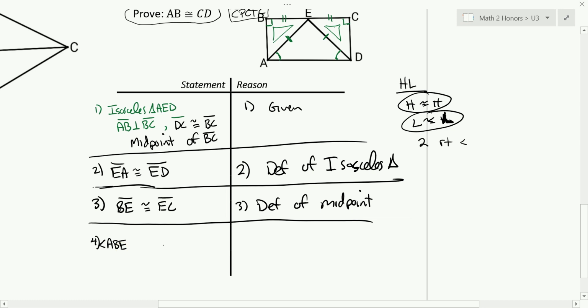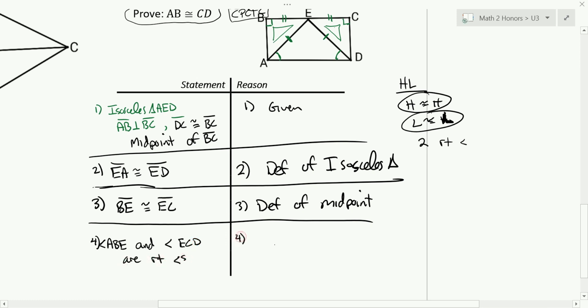But before we could say, well, why would you say they're congruent? Let's go there. You're right. Okay, so we first have to establish that they're right angles. So let's do that. Angle ABE and angle ECD are right angles.